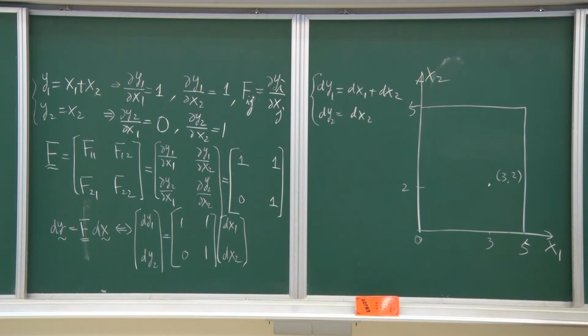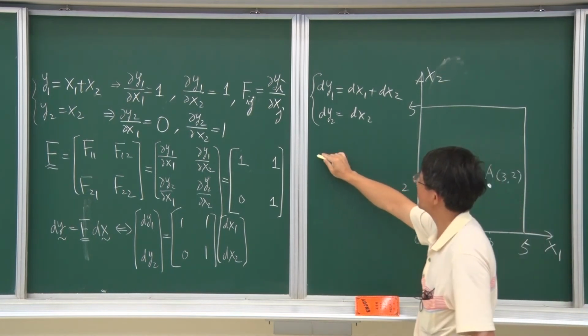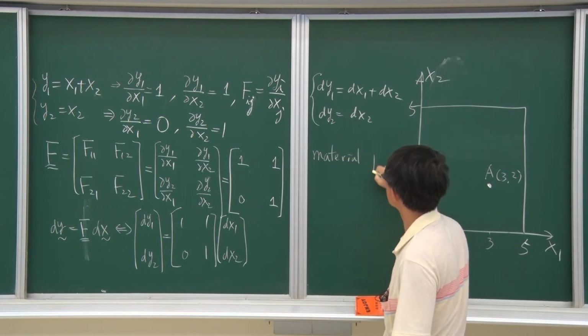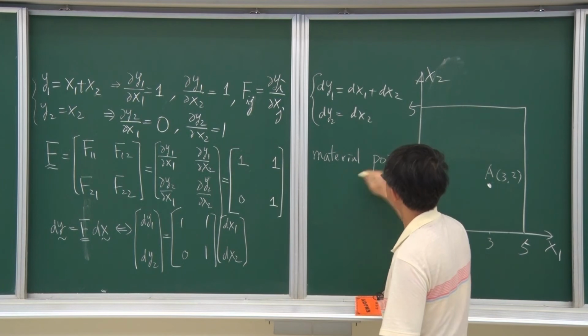Okay, 3, 2 is a material point we want to discuss. 我们就讨论这个材料点哈。Point A is 3, 2, so we just mark down material point A.